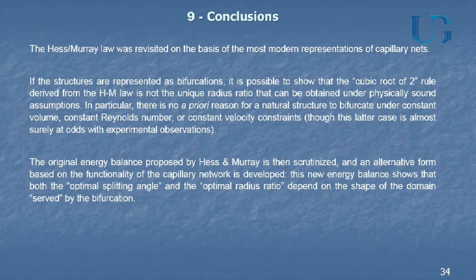The next work should be numerical, to take some real network and test it. Second part of the work should be to include the entrance length effect, because I neglected the entrance length effect. These bifurcations have completely developed flow everywhere. Third, we have to include the transient.